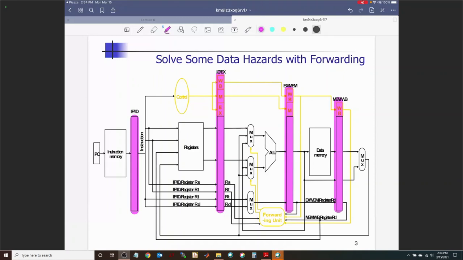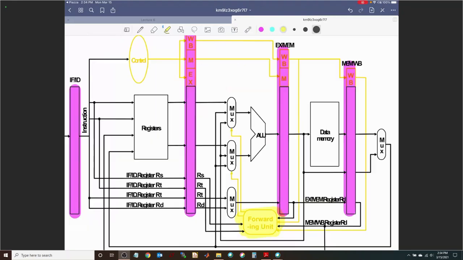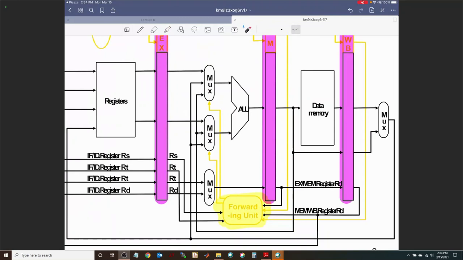Now in the last class we focused over here, right? We were talking about how you can implement a forwarding unit which essentially takes the information of which register you are trying to use as destination in one stage, and whether it matches one of the source registers for the second instruction following it.